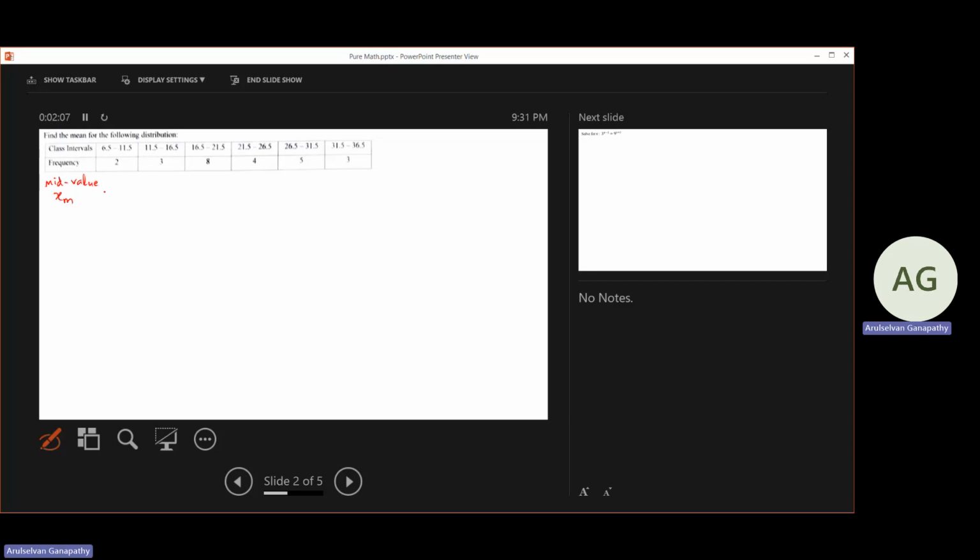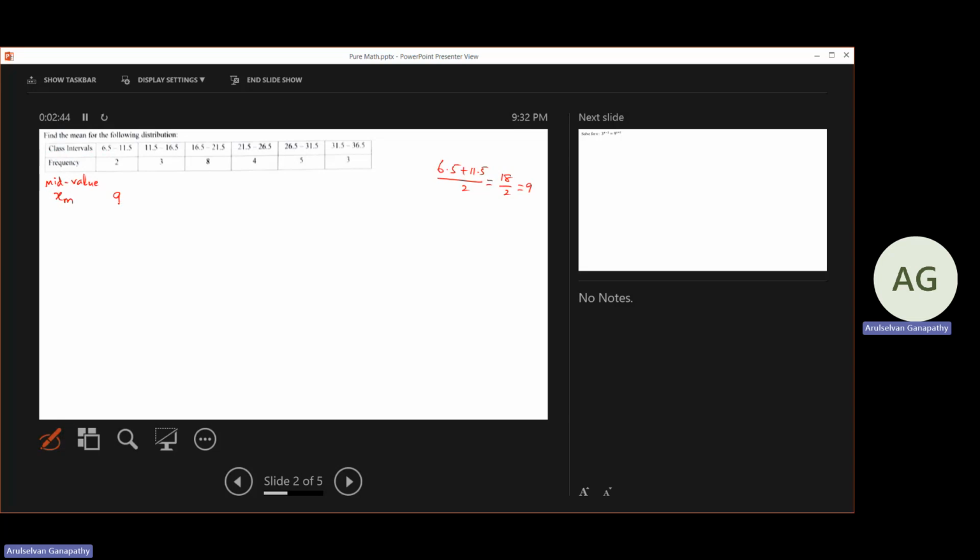How to get the mid value? What we have to do? We have to add 6.5 plus 11.5 and divide by 2. How much is this? Let's take it separately and check, and then we write the answer here. 6.5 plus 11.5 divide 2, that is 18 by 2, which is 9.